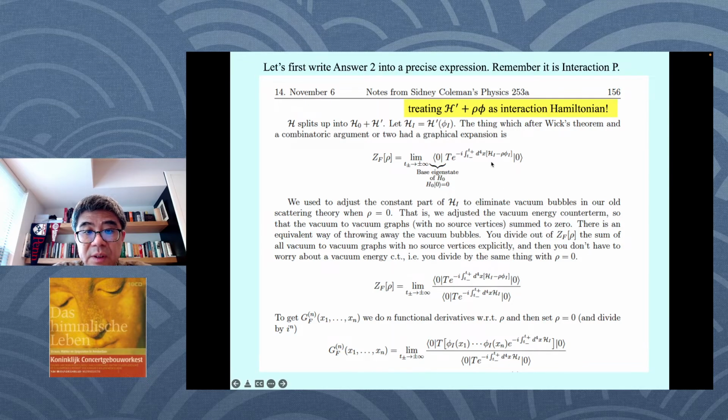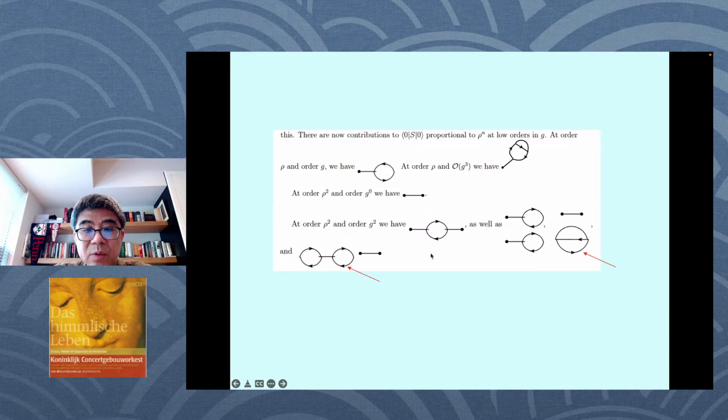So this is S, the persistence amplitude between vacuum and vacuum. If you expand this, you get the Feynman amplitude, the Feynman diagrams. But at this moment, I have to take out some of the vacuum diagrams.